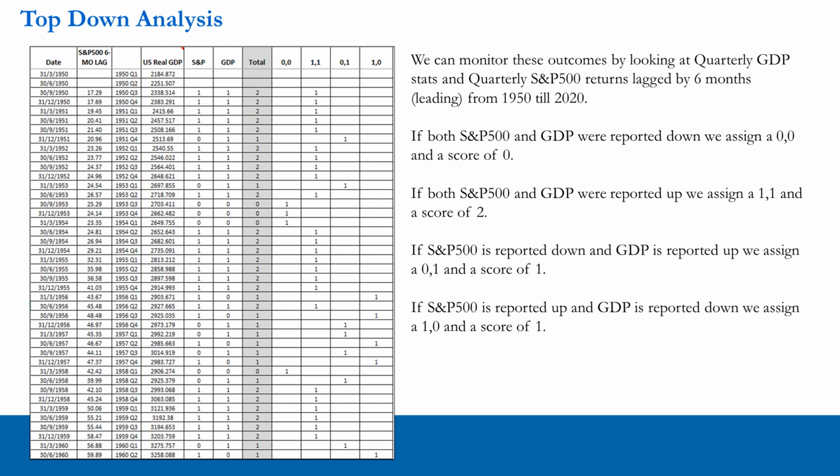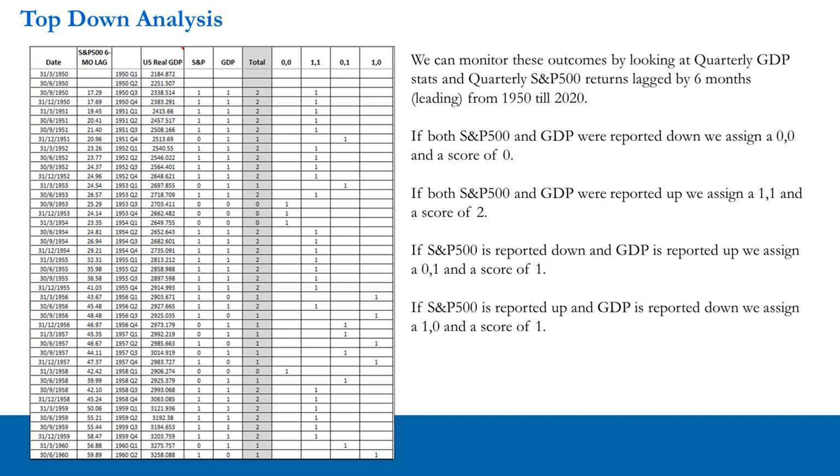So $2.903 trillion. And if we compare that to the row above, so we look at Q4 1955, the S&P 500 level in Q4 1955, lagged by 6 months, is 41.03. Okay, so the GDP number is 2.914 trillion.